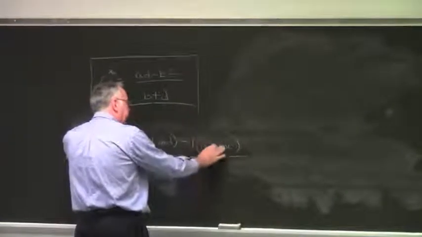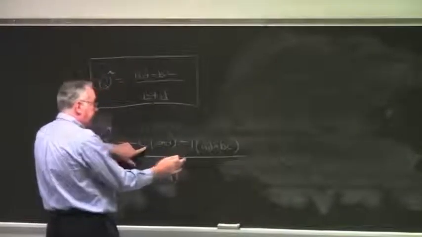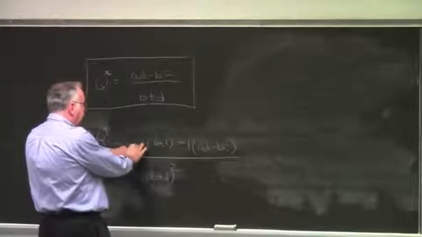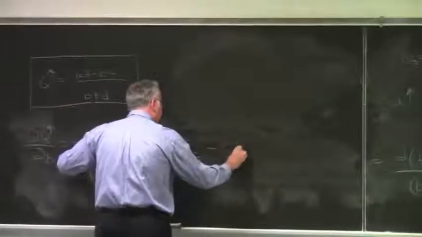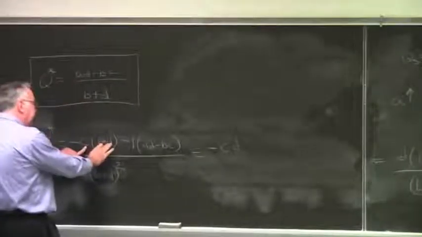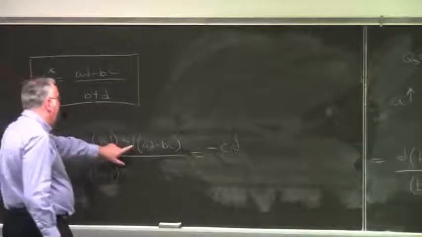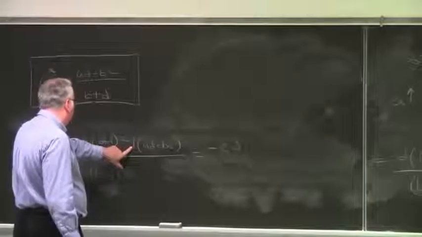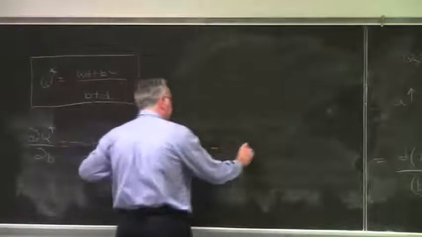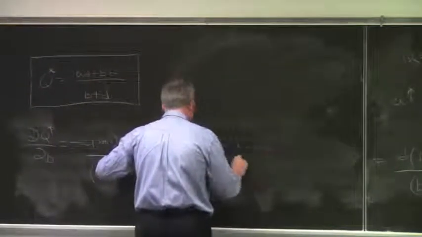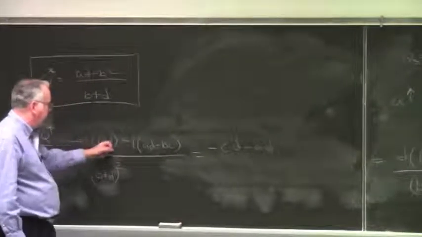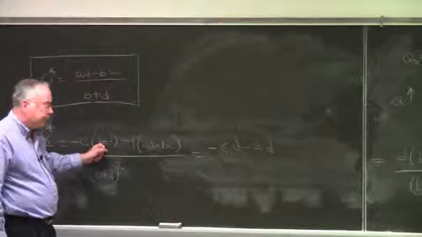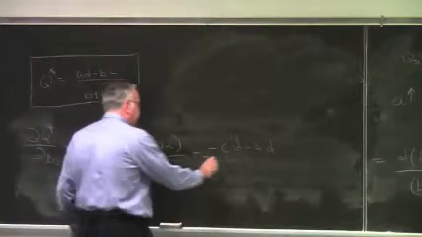Minus times a minus BC, that's going to be a plus BC. So those two will cancel. So this will just be minus CD. We take this minus C times the D. And then we have a minus AD. And that's it, because this BC here canceled that one there. Over B plus D squared.